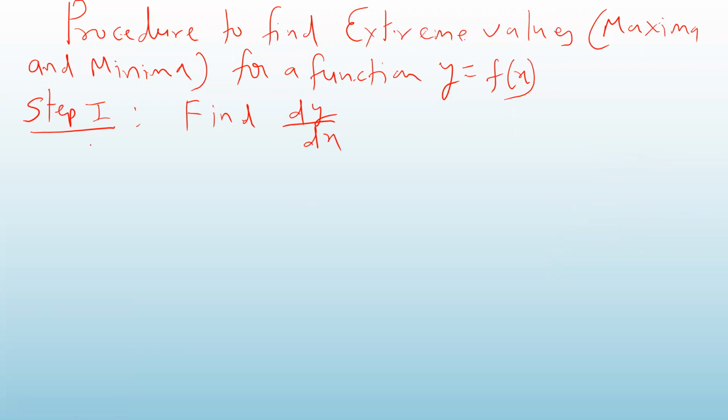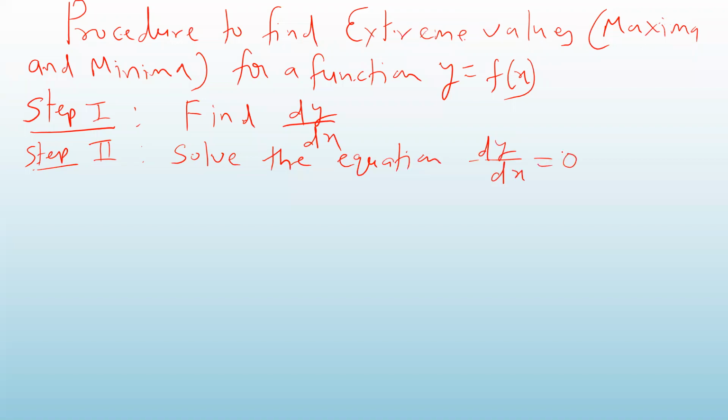Okay. What is the second step? In the second step, we solve the equation dy by dx equal to 0. The first order derivative that you get, you equate it to 0, and you will get an equation.